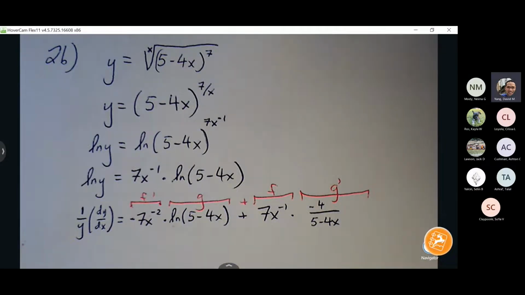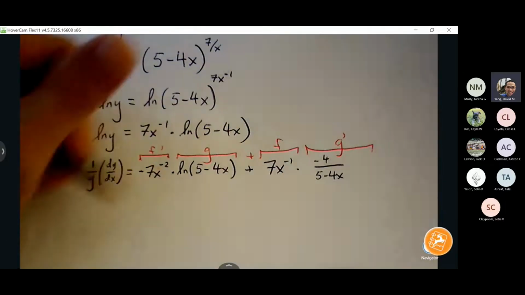All right, everybody okay so far? Okay, move that y over and do some cleanup on the right side.